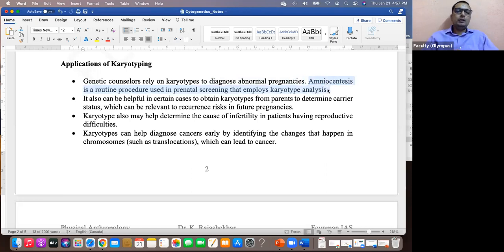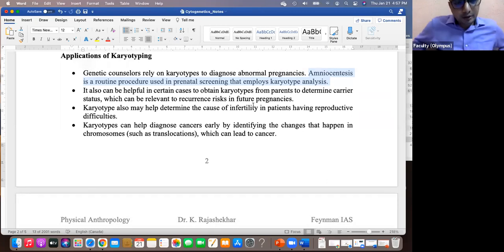Amniocentesis or chorionic villi sampling is used in prenatal screening for such an analysis. Just look at the applications. You know them already, and I'm going to share this document with you after the class. Then you can give it a quick read. So, useful for diagnosis of abnormal pregnancies.